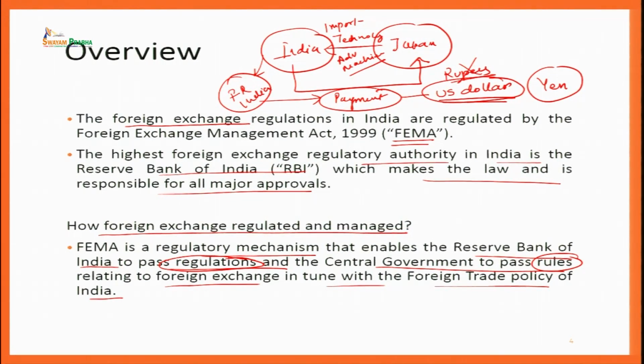The Foreign Exchange Management Act provides clear-cut sections and specifications for the RBI as well as for the central government. There are sections specifying that as per this section, the central government has to make the rules, and as per this section, the RBI has to make the regulations. Even they have autonomy and the power to circulate notices, circulars, and master circulars.